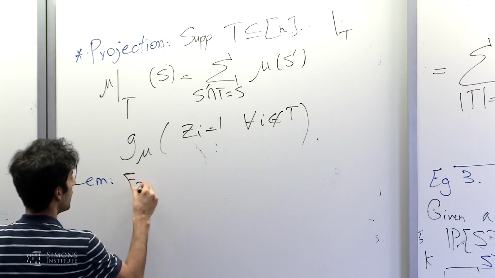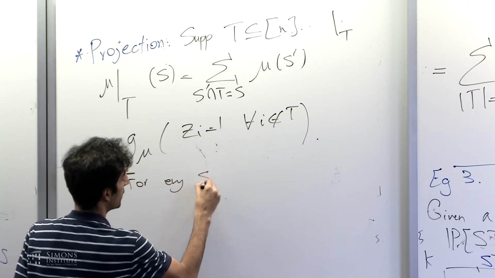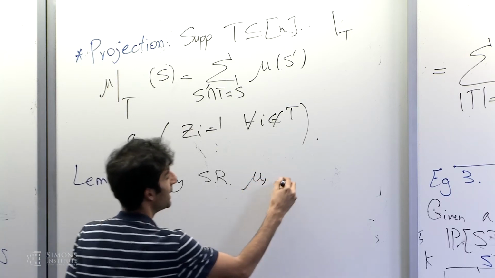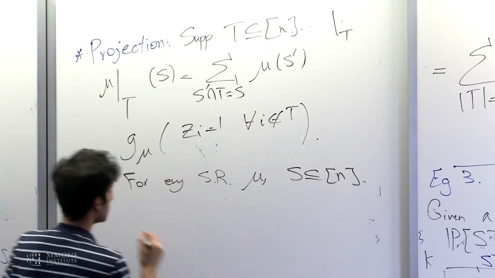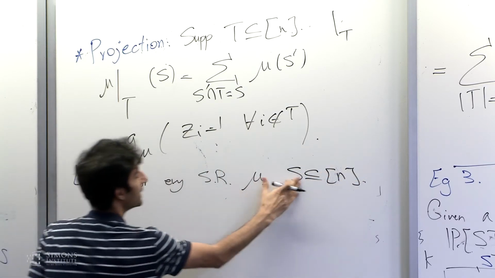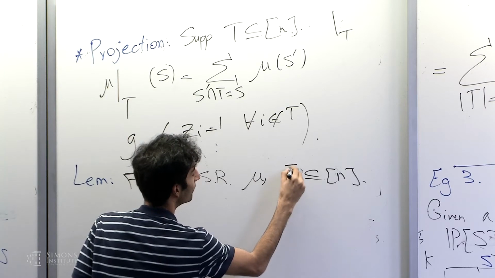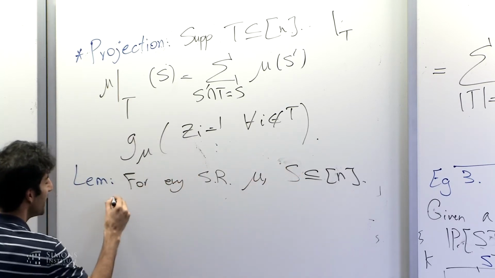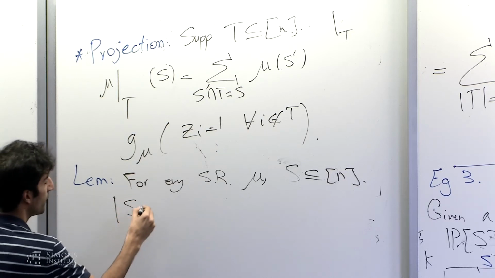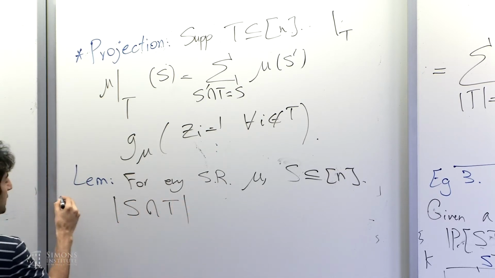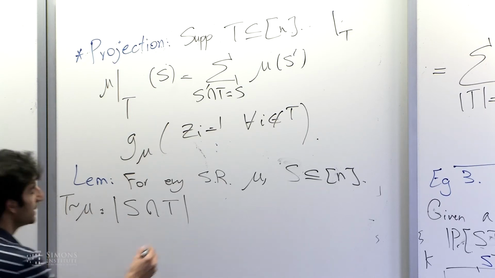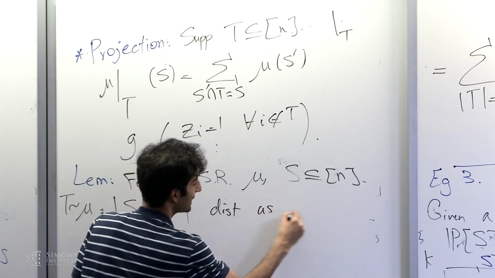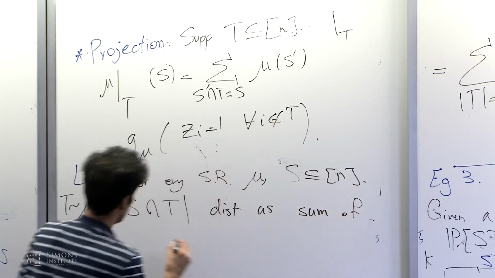For every strong Rayleigh distribution mu, and any set S subset of n, let's say T subset of n, if I look at the distribution of S intersection T for T sampled from mu, you sample, say, a random spanning tree, you look at the intersection of T with my set S. This is distributed as a sum of independent Bernoullis.